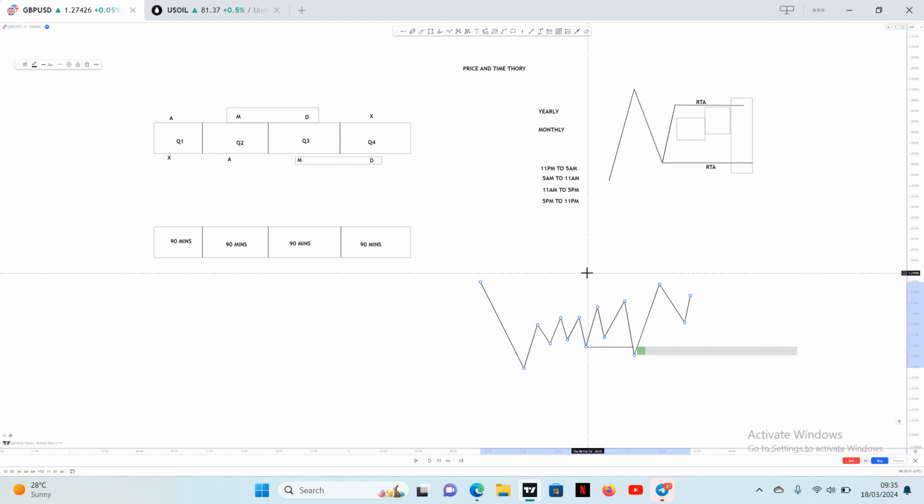So what you are mostly looking at is that your PD arrays, or your temporary highs and lows, should most likely be taken or mitigated during manipulation or distribution phases. Sorry, your PD array can be mitigated at manipulation or distribution phase, but your ROTA should only be taken during manipulation phase. If it's taken outside of manipulation phase, forget it. That ROTA is going to fail.